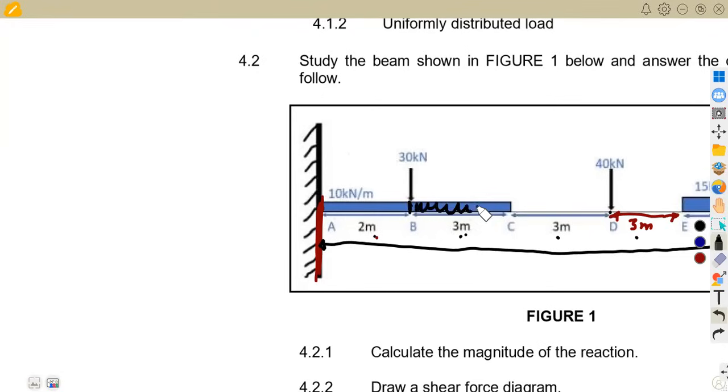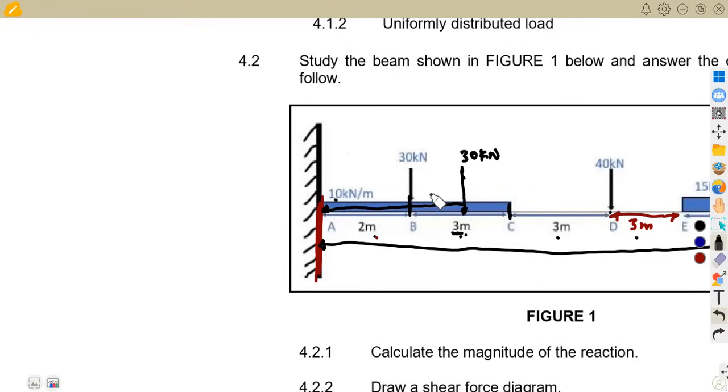What is going to be the force that is going to affect? So it's 10 kilonewton over 3 meters, which is 10 times 3, which is 30 kilonewton, over the distance back to A. So the distance back to A here is going to be, remember, if we take the distributed load from B to C, it is going to be 3 meters.